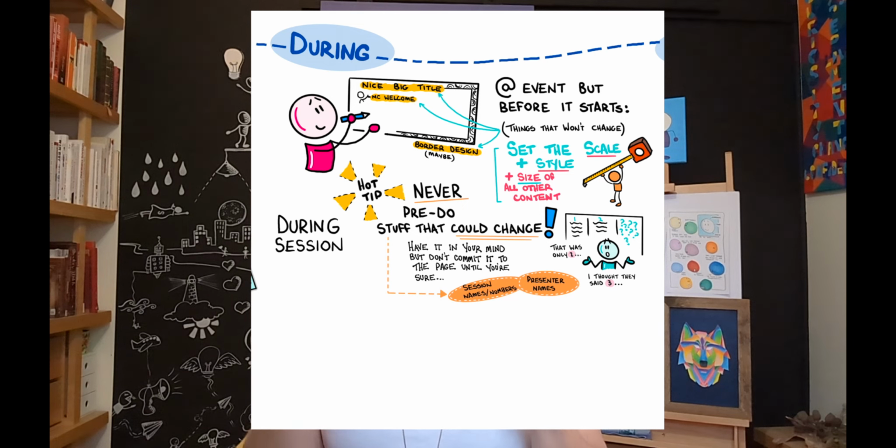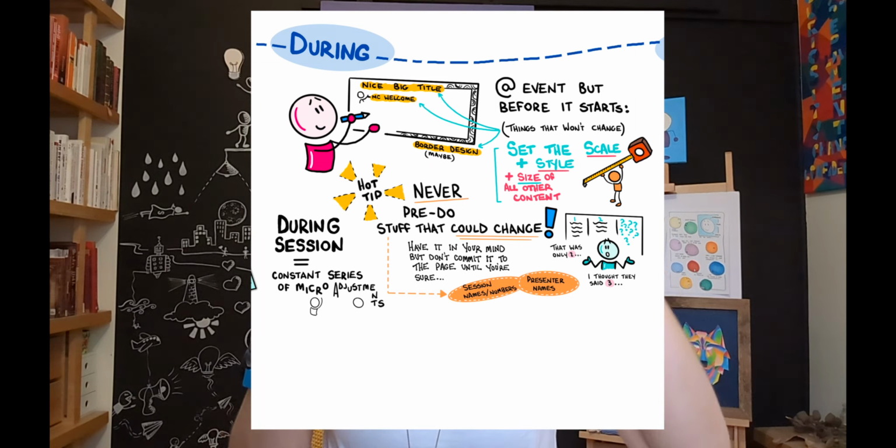You can have a pre-plan in your mind, even on a sketch, but don't commit it to the page. Now, the next big thing that you are doing to make sure your content is going to fit the page is what you're doing while the session is happening, while the content is coming at you. And I like to describe this as a constant series of micro adjustments.